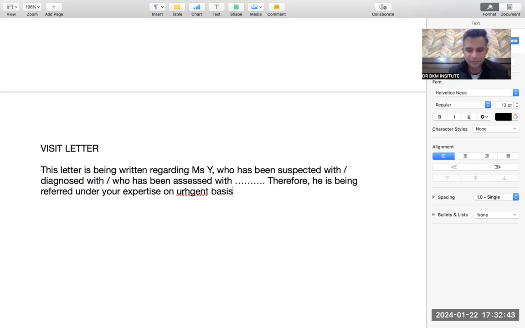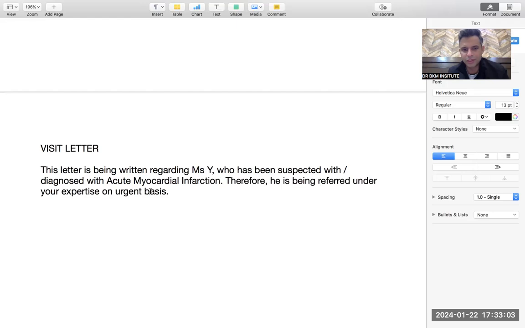First paragraph, almost in every letter. Again, you have to improvise a little depending. Suppose the patient was diagnosed with heart attack or acute myocardial infarction. Therefore, now you are writing this letter to a cardiologist.